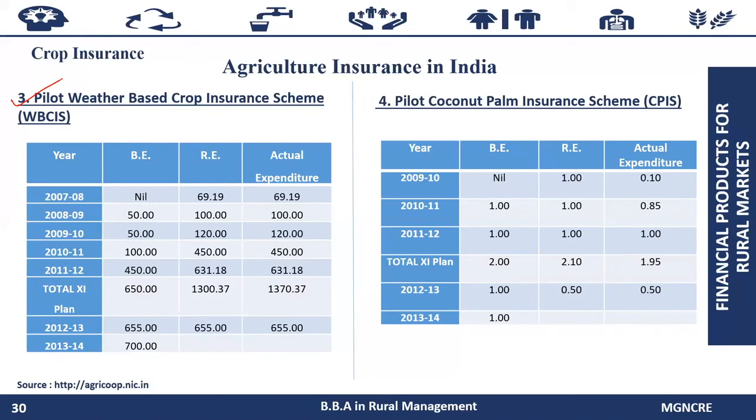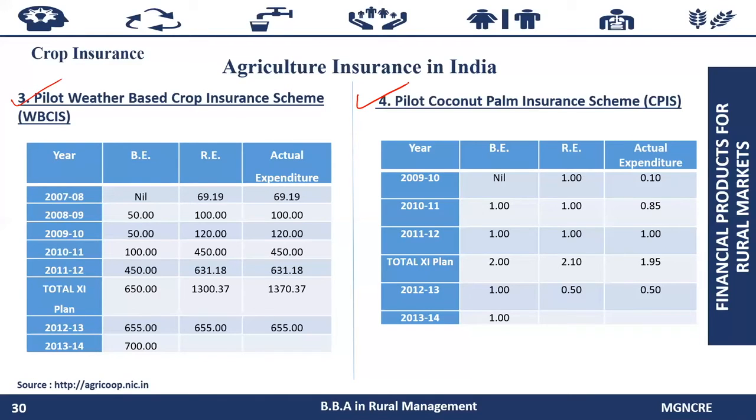Then the Pilot Coconut Palm Insurance Scheme. This scheme was approved for implementation on a pilot basis in the year 2009-10 in selected areas only, like Goa, AP, Kerala, Karnataka, Odisha, TN, and Maharashtra.